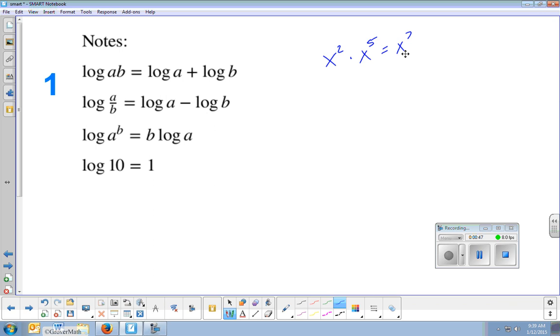You added the exponents because of a multiplication relationship, and that's what we see here: adding two separate logarithms comes from a multiplication. And for division, we subtract our exponents, and it's the same principle here.